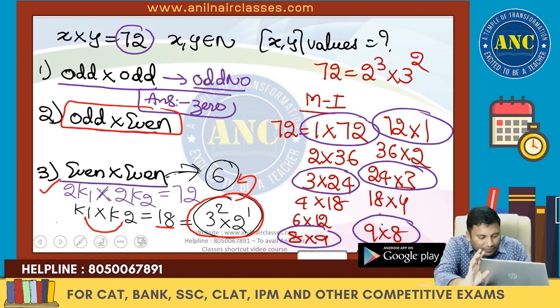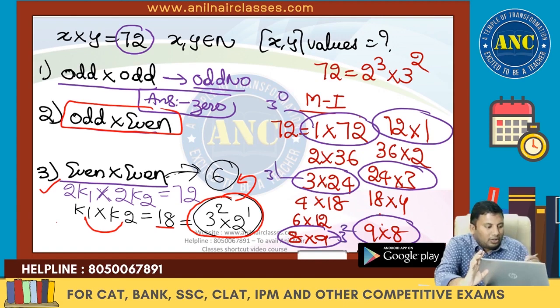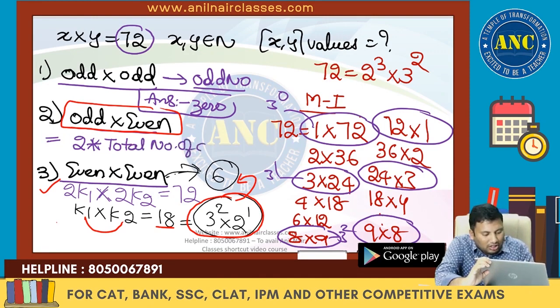If you observe, 1 is nothing but 3 power 0. This is 3 power 1. This is 3 power 2. This is nothing but 2 times the total number of odd factors.